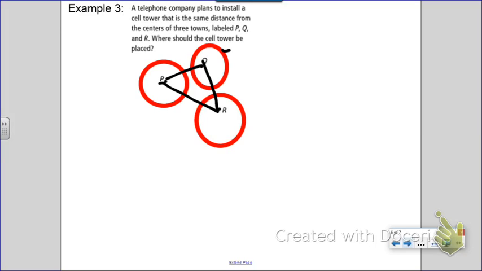Finding where they intersect would be the intersection of the three circles. And so we'll call this the cell tower.